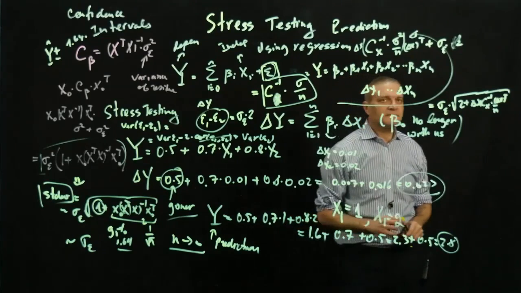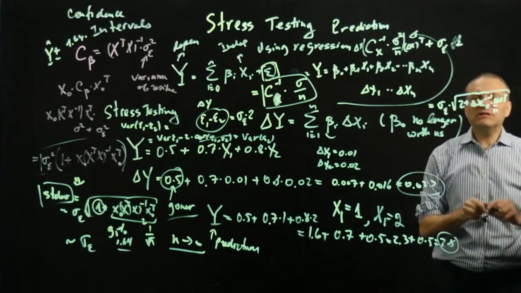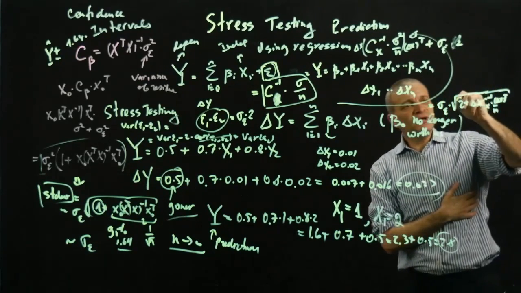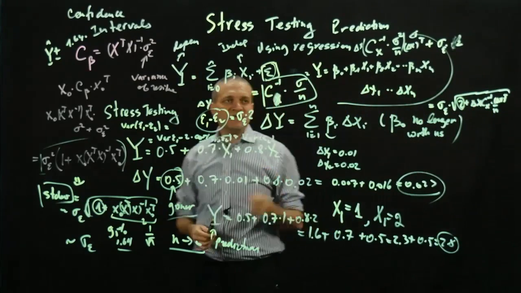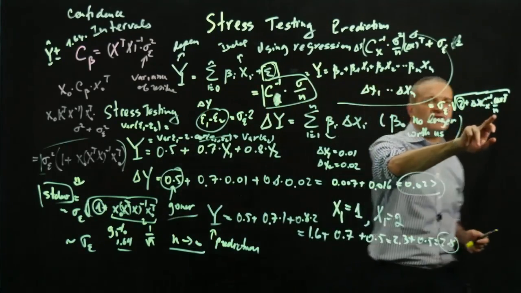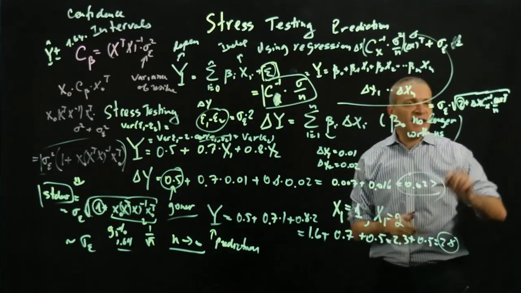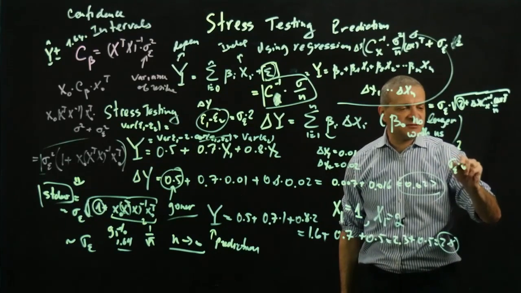So this guy will have two features. It will have a 2 and it will have this. Now, this 2 is a little tricky. Why is this 2 tricky? Because when n goes to infinity, this is what is going to be dominant. So then you are going to get that your confidence interval is sigma epsilon times square root of 2.